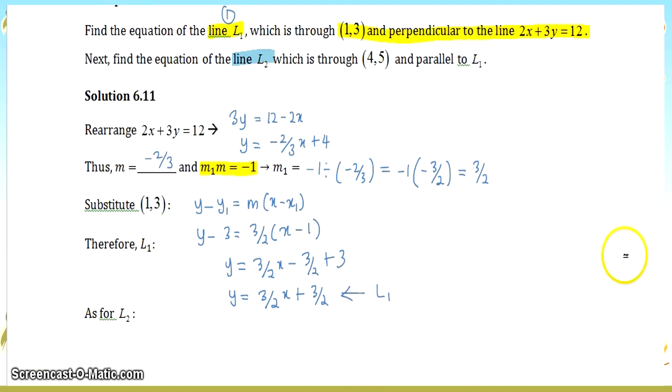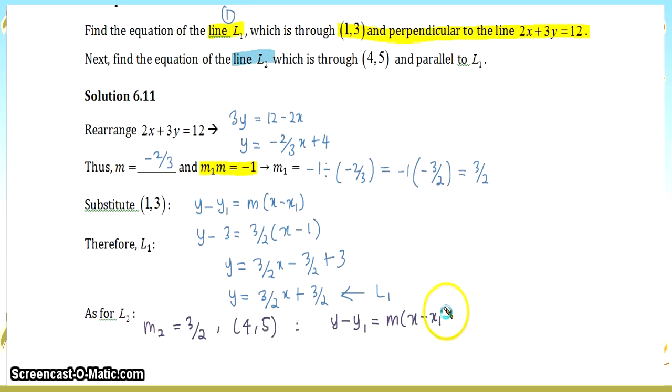Next, to find the equation of L2, given that this line is parallel to L1, therefore we know that the slope of L2 is also 3 over 2. By using this information, and that it passes through the point with coordinate (4, 5), we can get the equation of L2. So y minus y1 equals m times x minus x1.